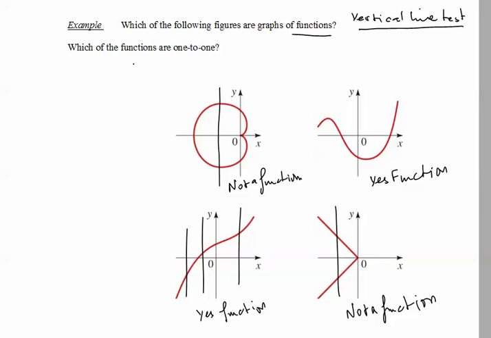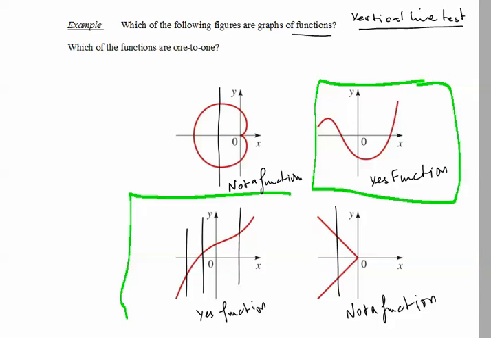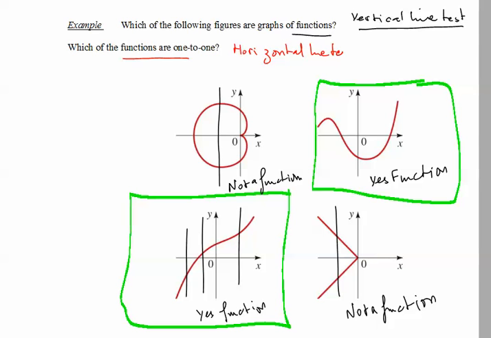And from the ones that are functions, which are this one and this one, we need to see if each is a one-to-one function. To find out if the function is one-to-one, we're going to do the horizontal line test.